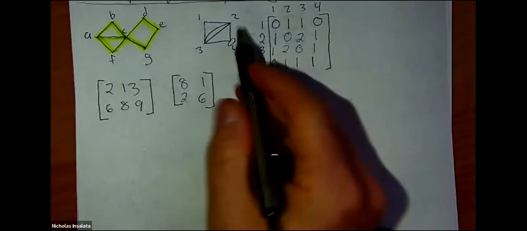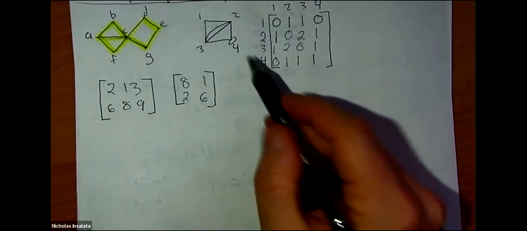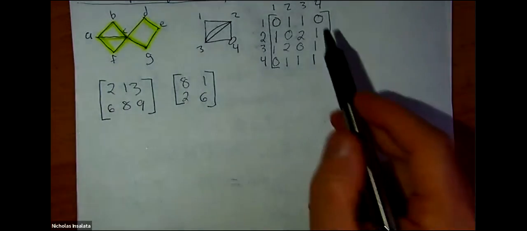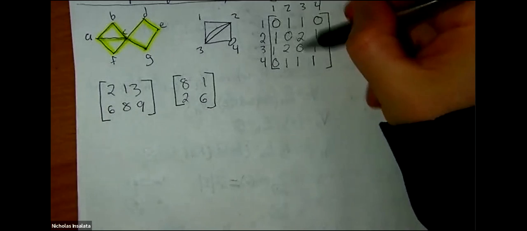For example, if I had a simple graph, no loops, no parallel edges, that's going to mean something about my matrix. First, let's talk about loops. If my graph doesn't have any loops, what does that mean about the corresponding matrix? They're all zeros on the diagonal. Here's the diagonal of the matrix.